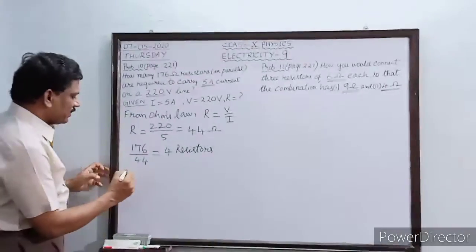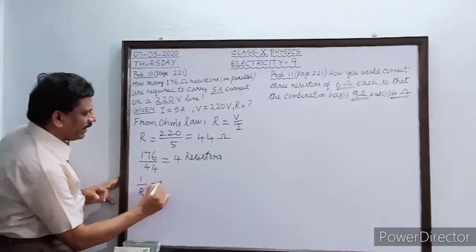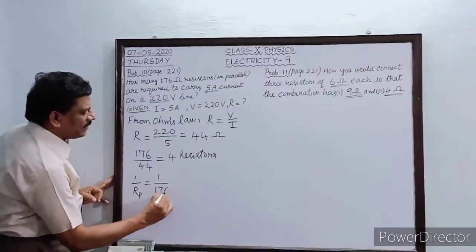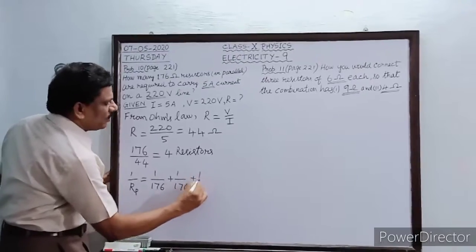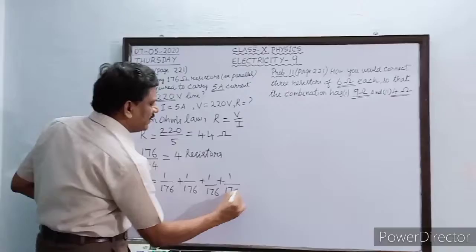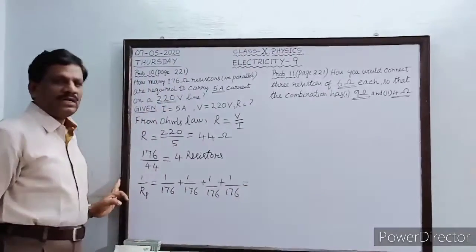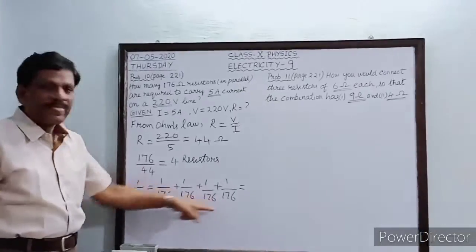That's good. So you see here, 1 by R parallel is equal to 1 by 176 plus 1 by 176 plus 1 by 176 plus 1 by 176, that is equal to 4 by 176.